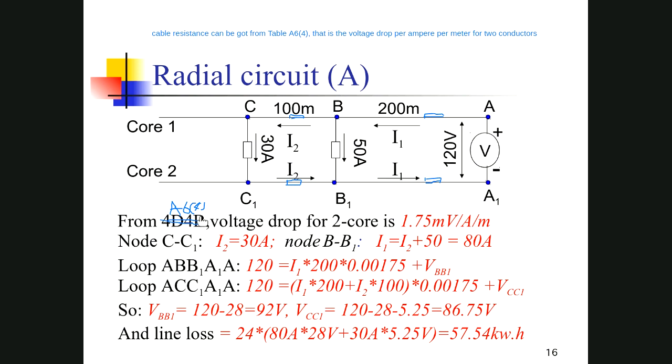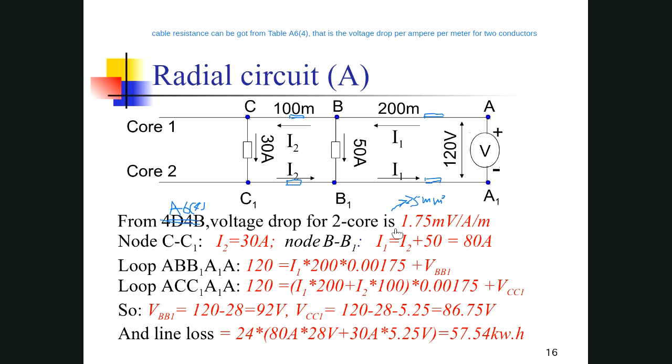Okay. So from the A64 cables table, you can find out the voltage drop for two cores is 1.75 millivolts per ampere per meter. This cable, of course, is for the 25 square millimeter cables.